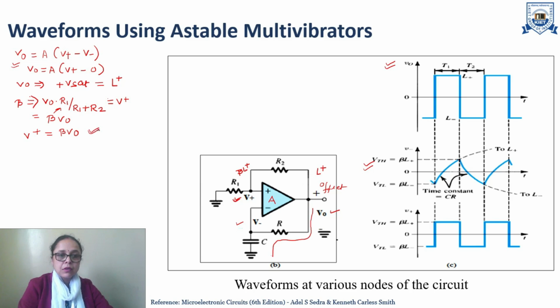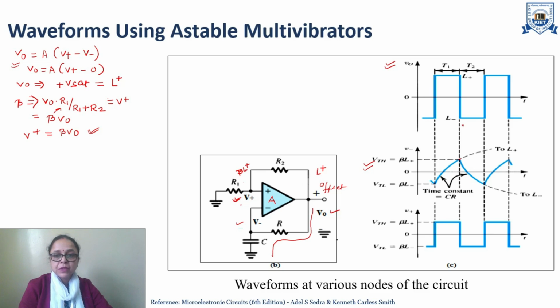Why? Because when the capacitor is charged to the voltage V plus, after that the voltage of this terminal will become higher than V plus. It will charge to this point, and after this point the potential of the negative terminal becomes higher than the positive terminal, and the output of the op amp shifts to minus V sat, or we can say L minus.